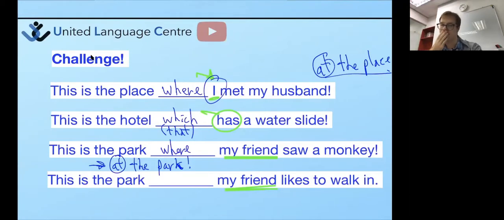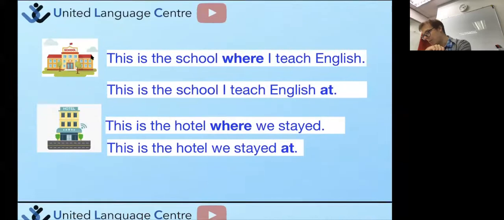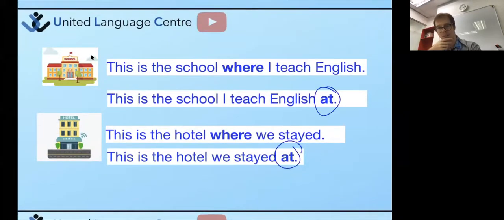But this one, this is the park my friend likes to walk in. What's going to go on here? This one's a little bit of a trick, guys. So I showed you before, remember, I can use the at. When I have an at, we didn't need to use a where.